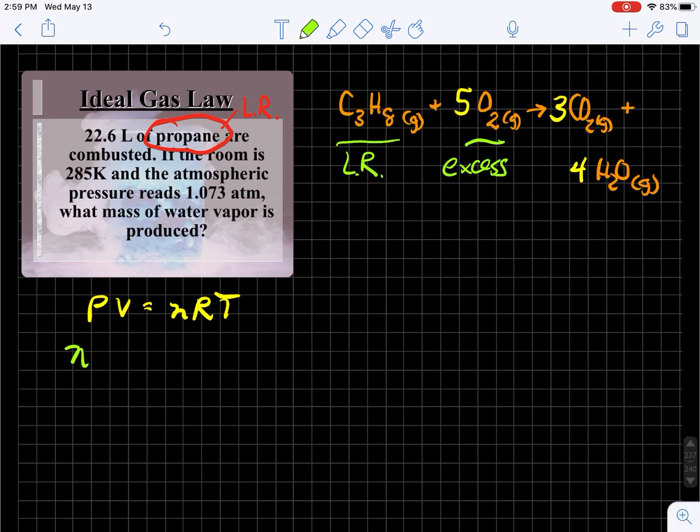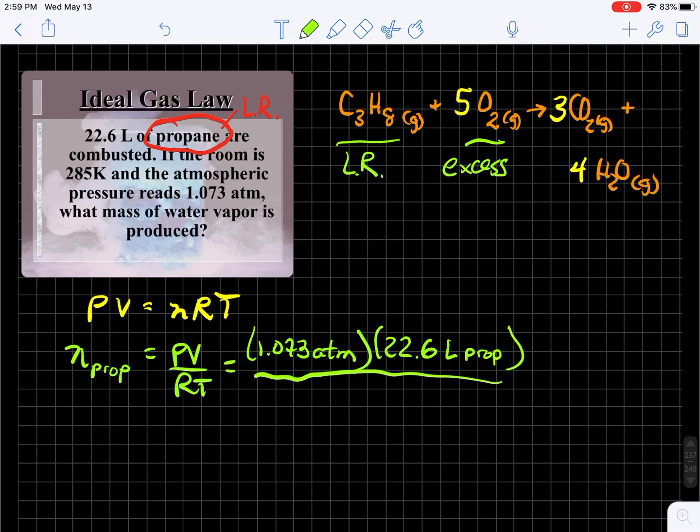So I'm going to solve for moles of propane, and that'll be PV over RT. And the pressure is given. The volume is given. We had started with 22.6 liters of propane. And the gas law constant is 0.0821 liter atmospheres over moles Kelvin.